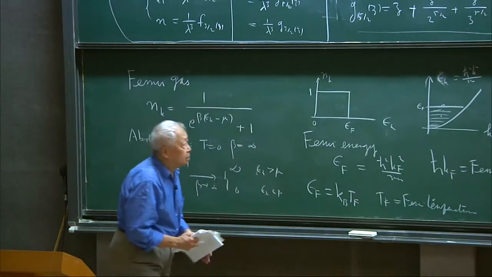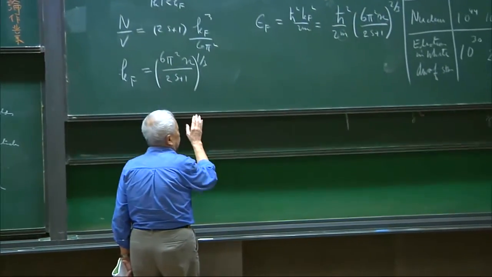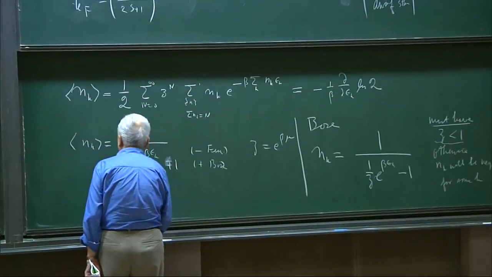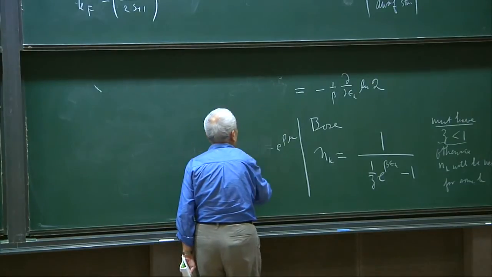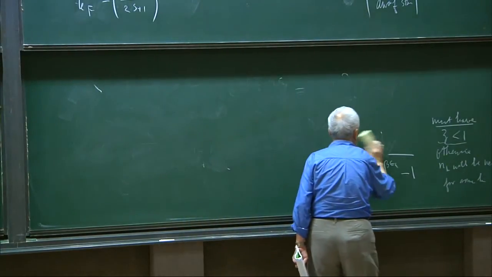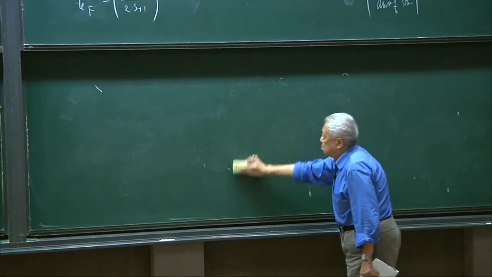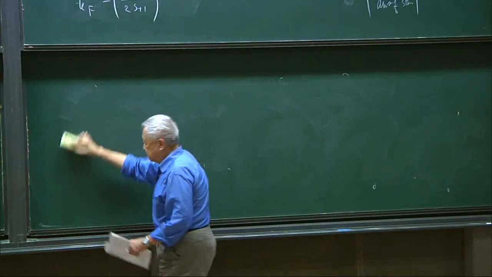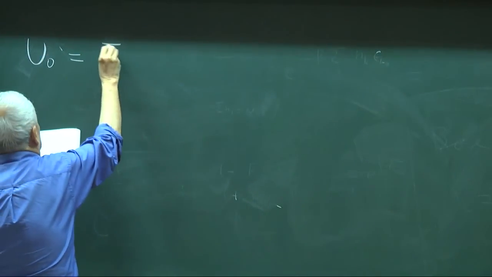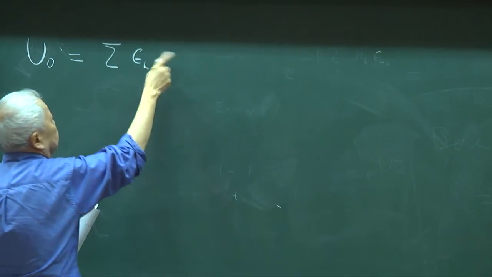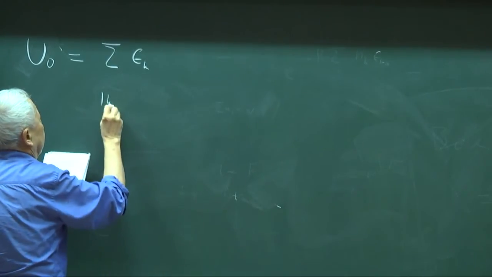Now let us calculate the internal energy at absolute zero, and the pressure. You can calculate the internal energy either from the grand partition function or just by saying that U0 is equal to the summation of epsilon k times the occupation number, such that k is less than kf.